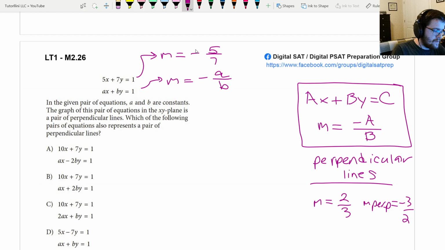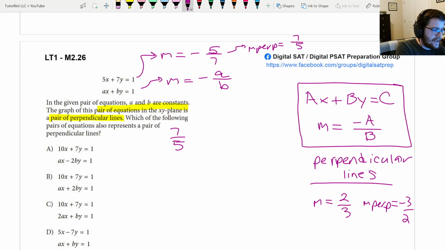So that means that the perpendicular slope of -5/7 is 7/5. So that means that 7/5 must be equal, because they tell us these two pairs of lines are perpendicular.